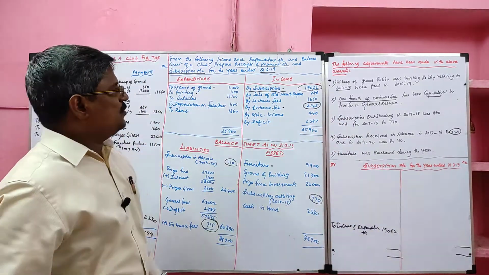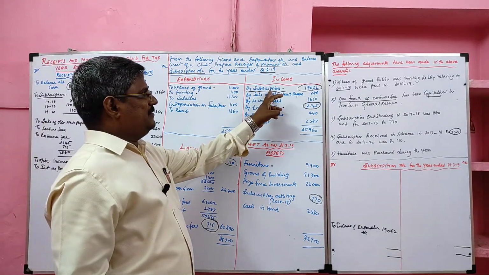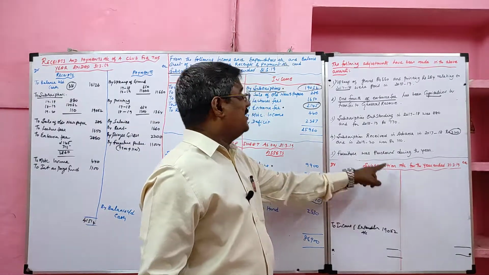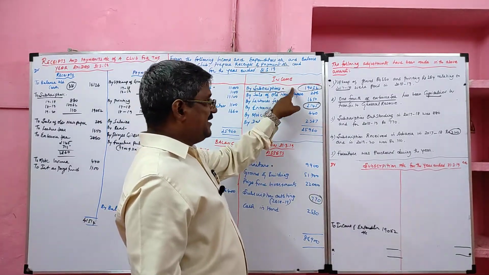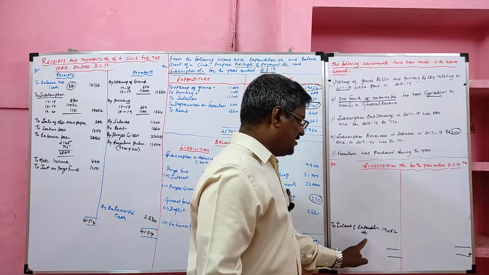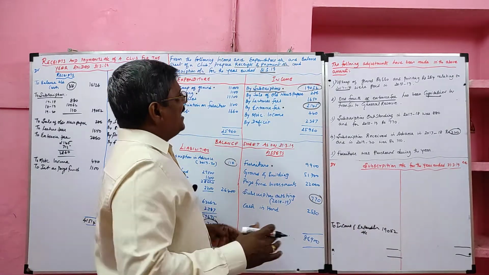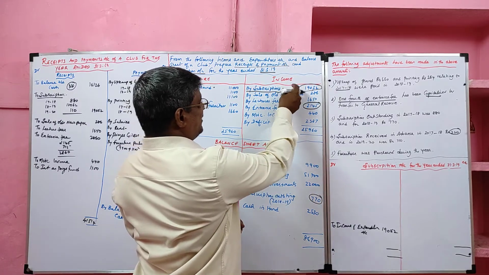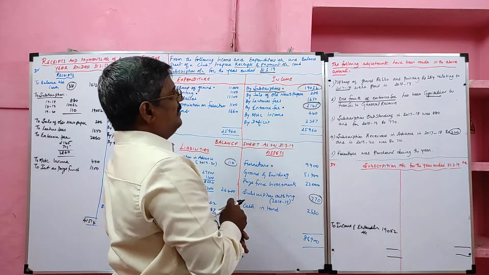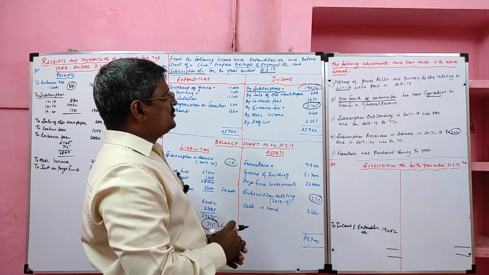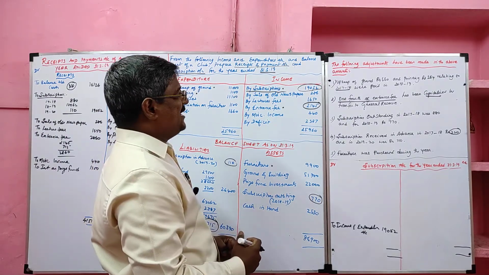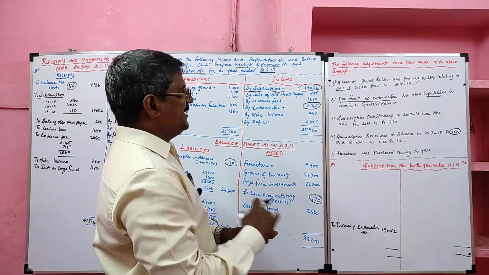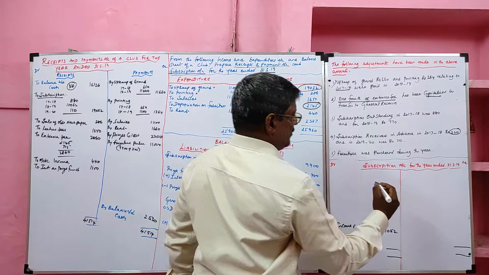Then I said this subscription, which was recorded in the income side, includes current year outstanding and last year received in advance, that we have to exclude. So it will go to the credit side.